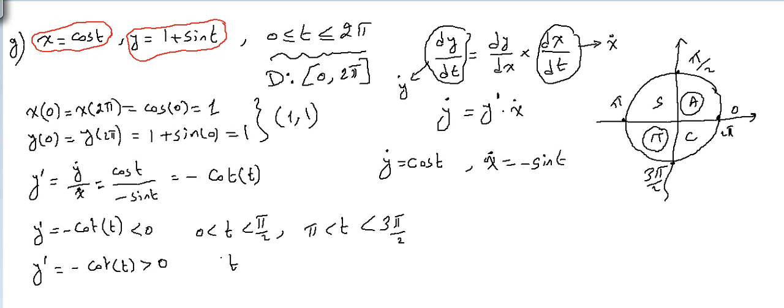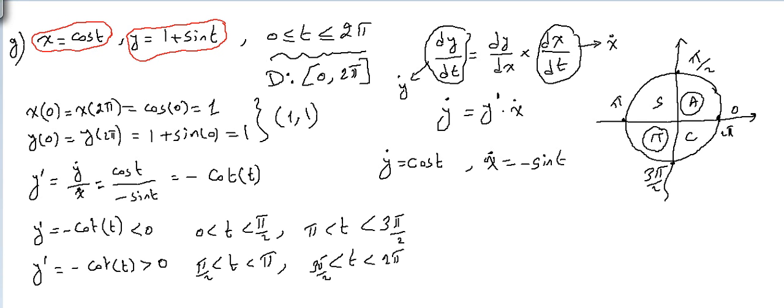So y prime is positive where t is between pi by 2 and pi, and where t is between 3 pi by 2 and 2 pi, right?